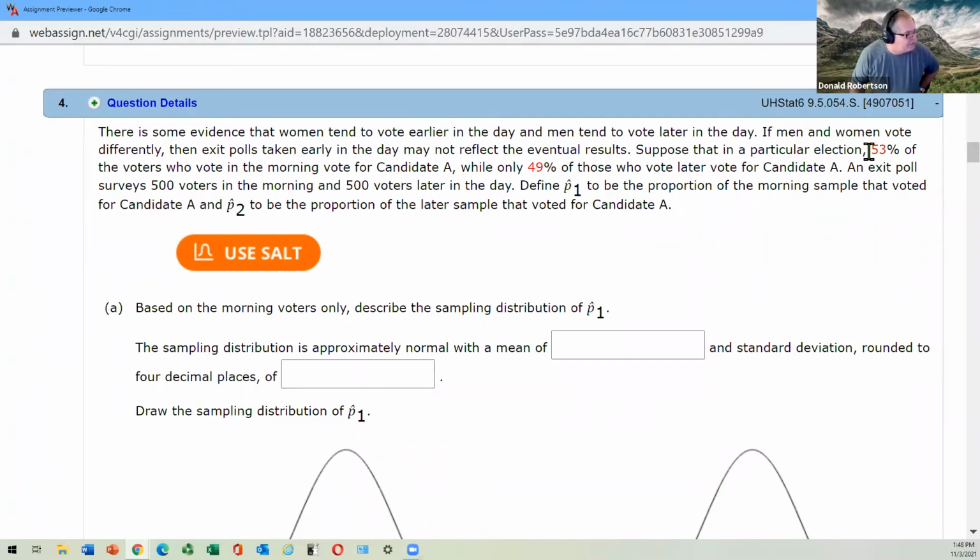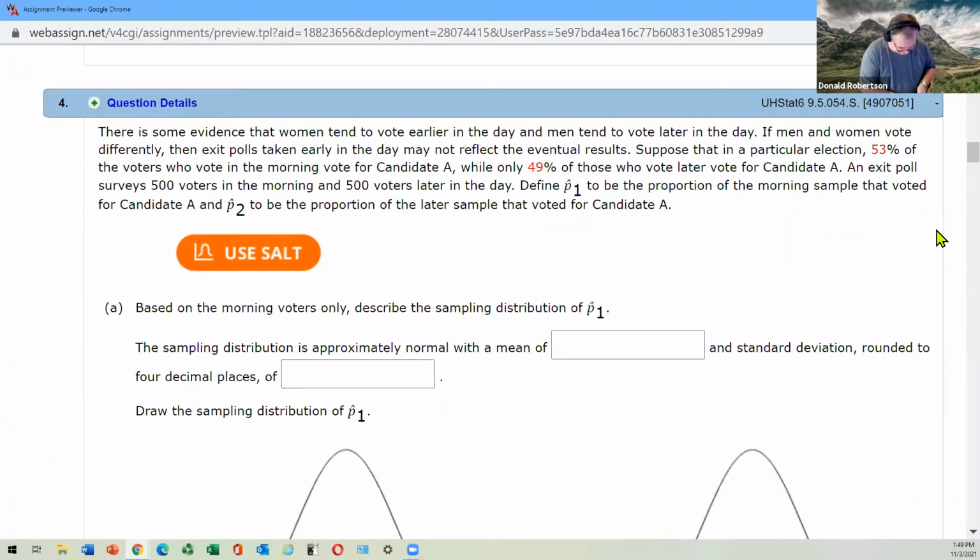So what do we have? I better write this down because I'll lose it. 53% of the voters in the morning, 49% in the evening, the exit poll survey, 500 in each case. So I'm going to find 53% of 500, and that's for the morning people. And for the evening people, it's going to be 49% of 500.